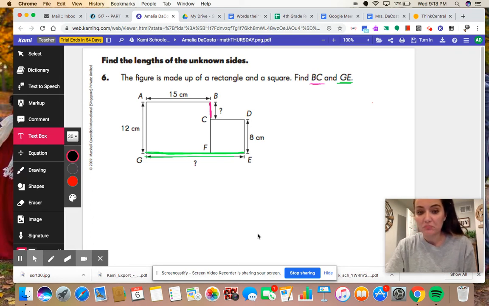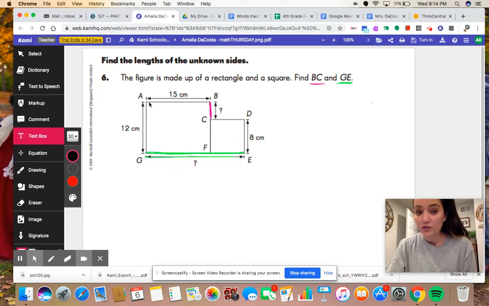So that's the first question you need to ask yourself. Second question, what do I know about rectangles? Now remember, we're not talking about angles here, we're talking about sides and lengths. What do we know about the lengths of the sides of a rectangle? The opposite parallel sides are the same length.